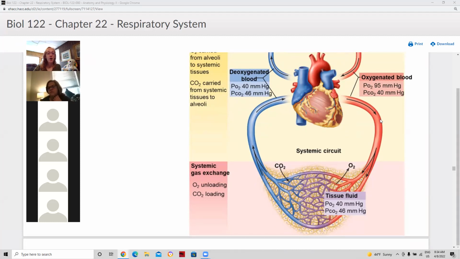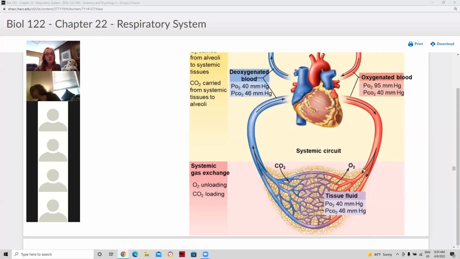Okay. Yep. So it starts at 95. The blood is coming down, and the blood still has this partial pressure of 95 for oxygen and a partial pressure of carbon dioxide of 40.